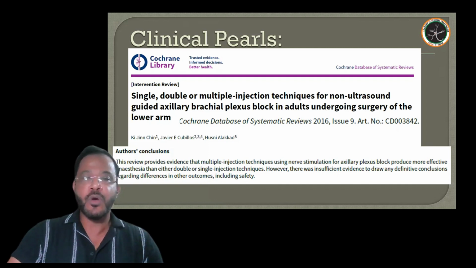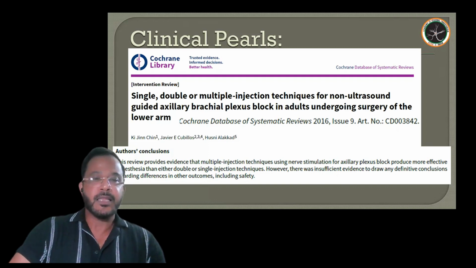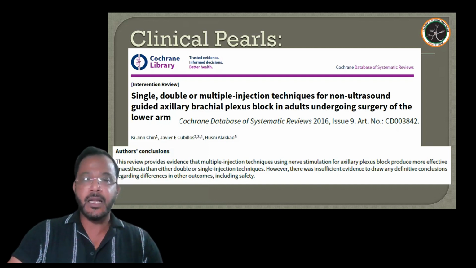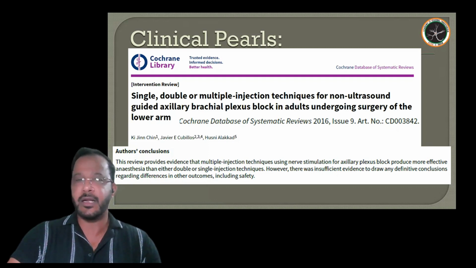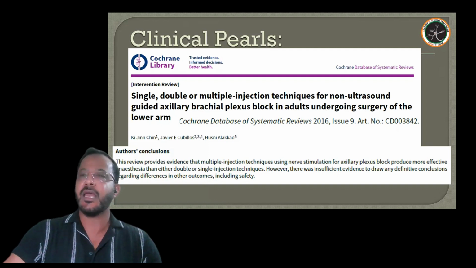The author concluded that the multiple injection technique using nerve stimulation for axillary plexus block produces more effective anesthesia than either the double or single injection technique. So the multiple injection technique is the most effective approach for PNS guided brachial plexus block.